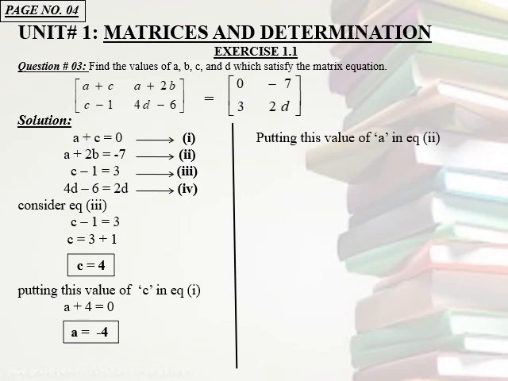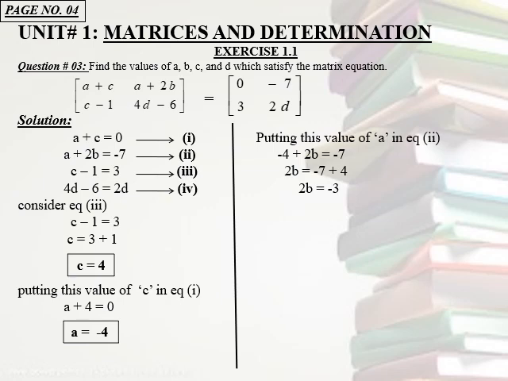Now I can put the value of a in equation 2, as equation 2 is a plus 2b is equal to -7, and after putting the value in it, it becomes -4 plus 2b is equal to -7. I brought -4 to the other side by changing its sign, and -7 plus 4 is equal to -3.